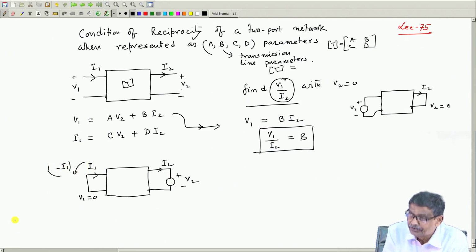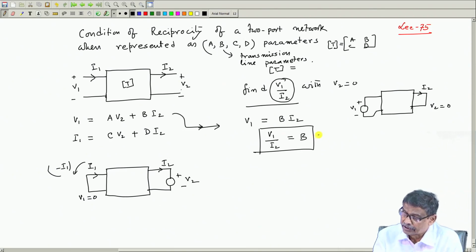I should take this ratio, that is what is important. The direction of I2 in the first case and the direction of I1 should be consistent, that is what the reciprocity theorem tells us.